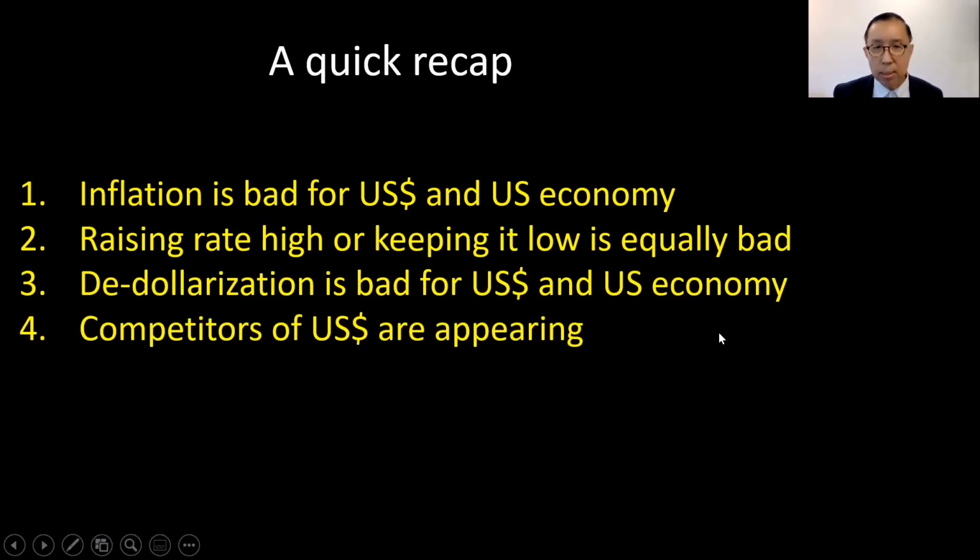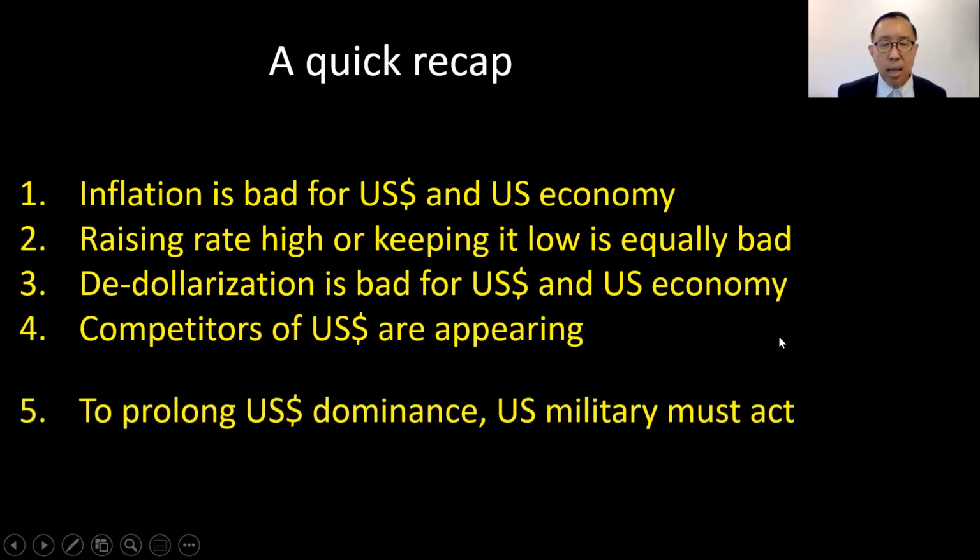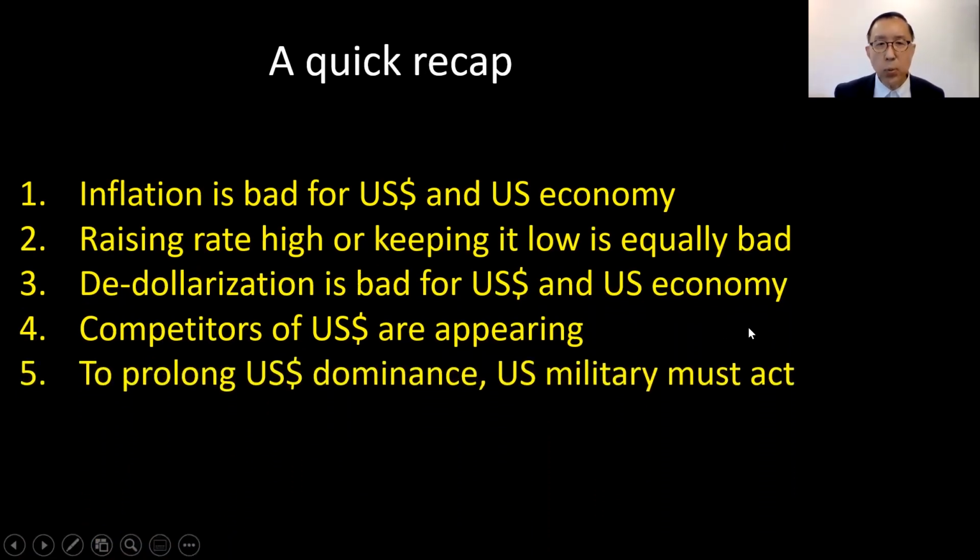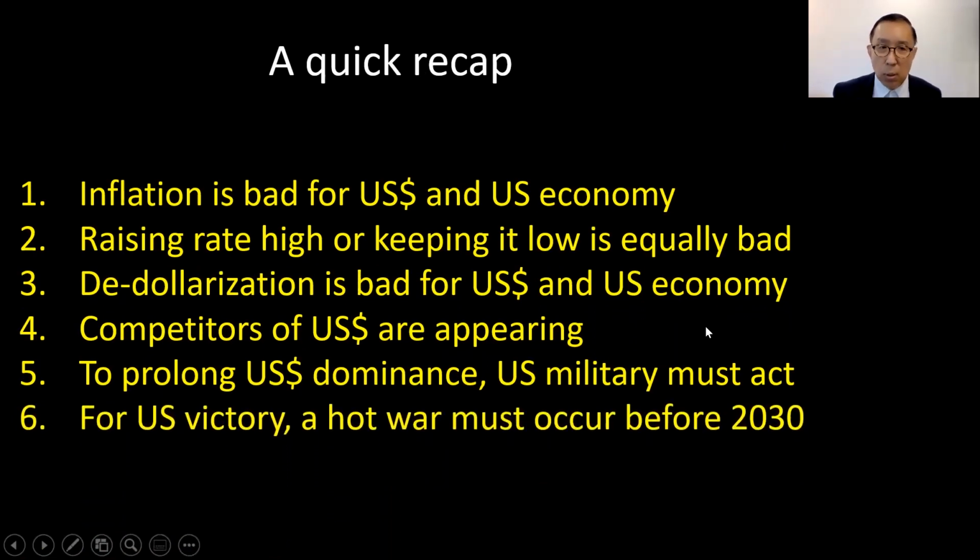The ruble, the digital yuan, they are all coming. So the question is, how do you prolong US dollar dominance? My answer is that they have to use their military to act. And according to what we know, if the US were to win a victory in a hot war, then they must act before 2030. Thank you once again.